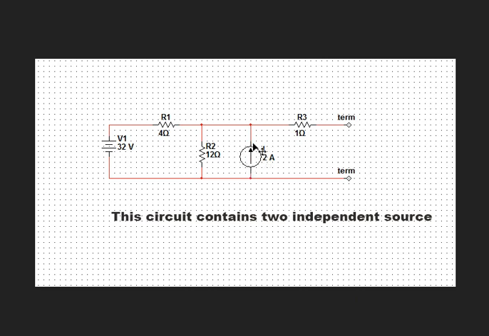If it was otherwise, for example, if it had a dependent current source or a dependent voltage source, we would have to change our method of calculations, which would include exciting the terminal here with a voltage or a current to find R Thevenin. But in this particular circuit, we don't need to do that. So we are going to calculate based on Thevenin's Theorem.